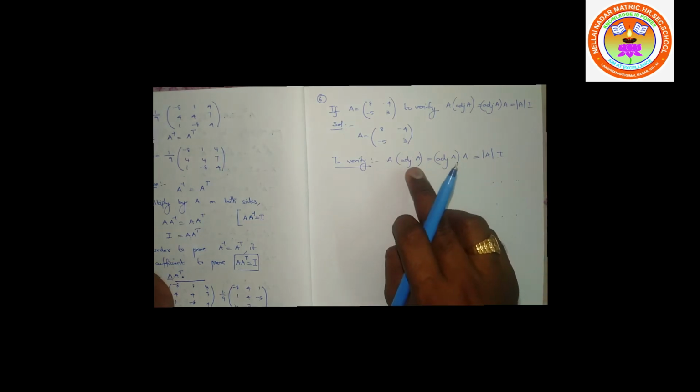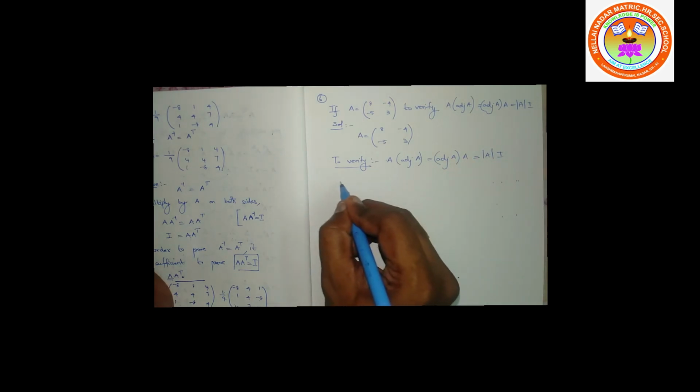I need to find adjoint of A and determinant of A. After finding adjoint of A and determinant of A, I will do the step by step process. 3 steps: first step, second step and third step.